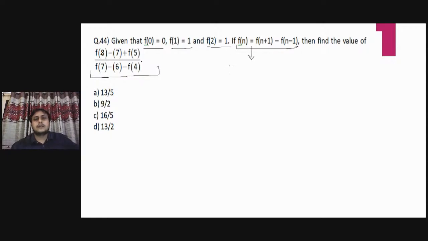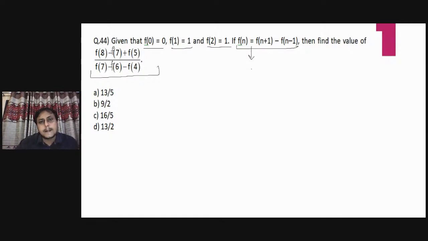With the help of this relation we can write it. Let me try f8 minus f7. This is f7, this is f6. Let me try writing it this way: f8 minus f7, the difference of two consecutive terms.